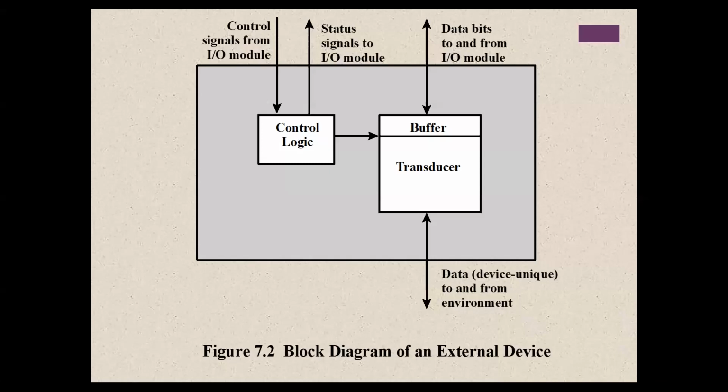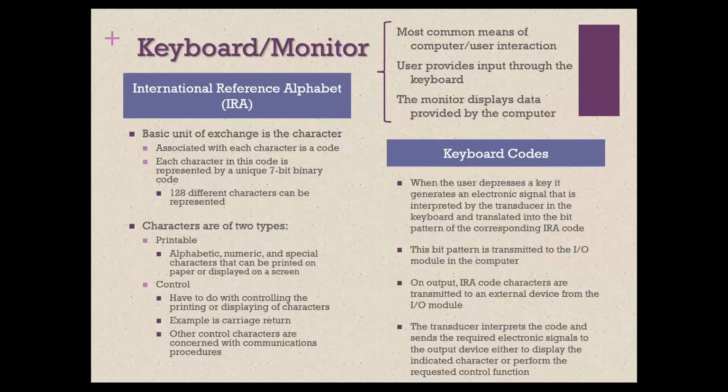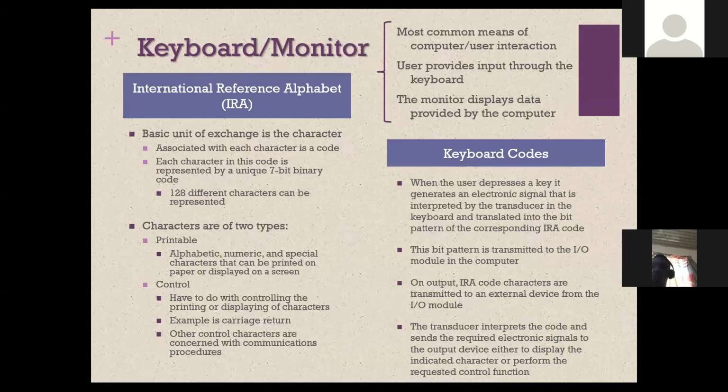Our first example is the keyboard monitor. The most common means of computer user interaction is the keyboard monitor arrangement. The user provides input through the keyboard. The input is then transferred to the computer and may also be displayed on the monitor. In addition, the monitor displays data provided by the computer.